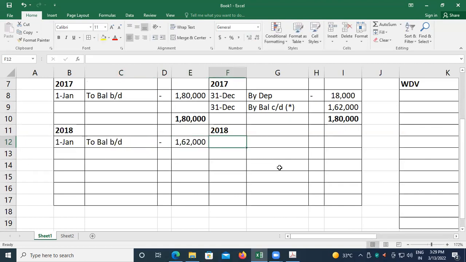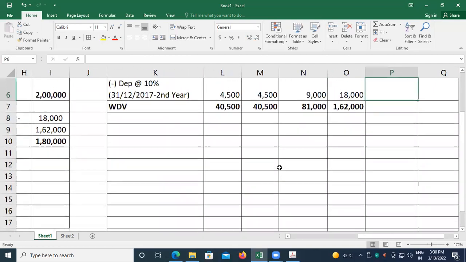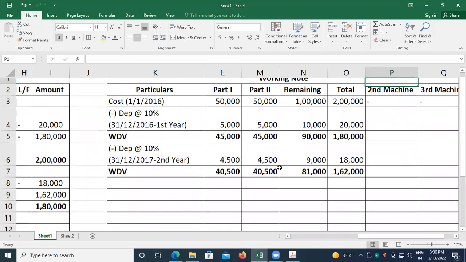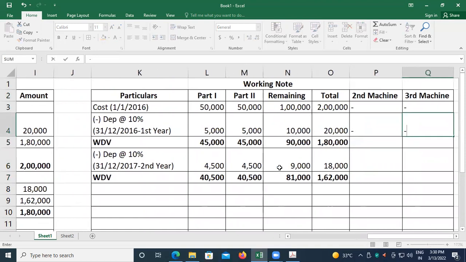Done. Now let us go to the working note. Very important work, because the working note plays a very important role here. Let us go now here. So till now, the second machine was not there. So balance is nothing in this.